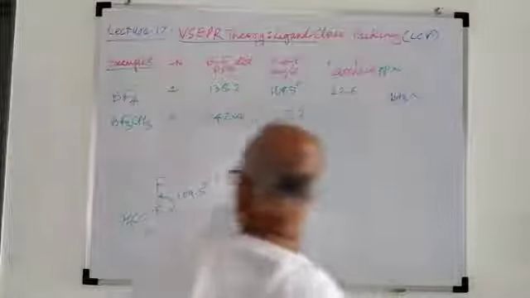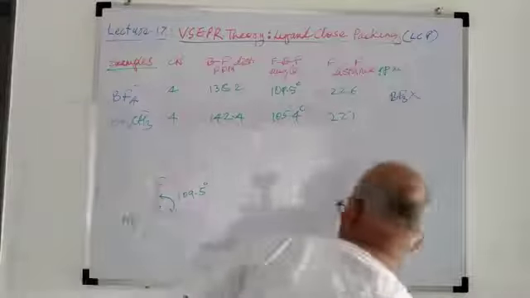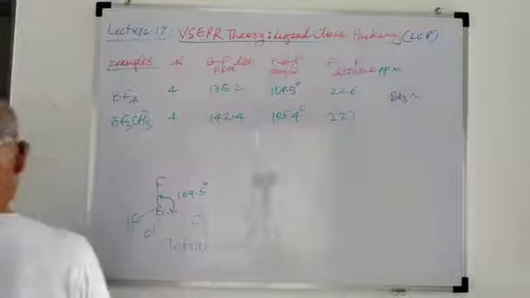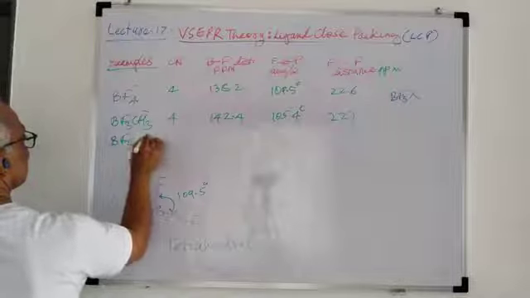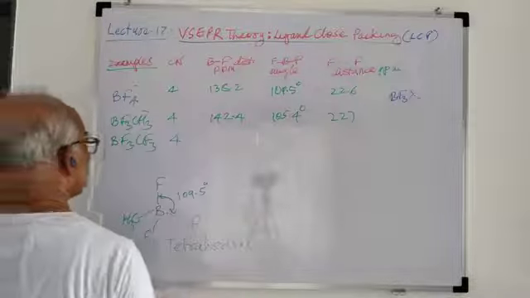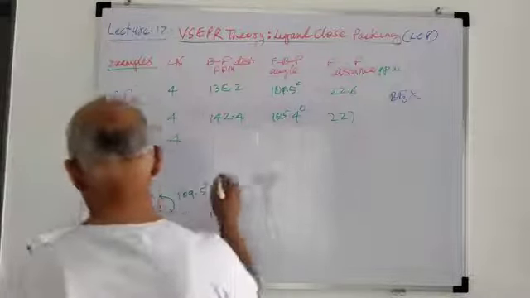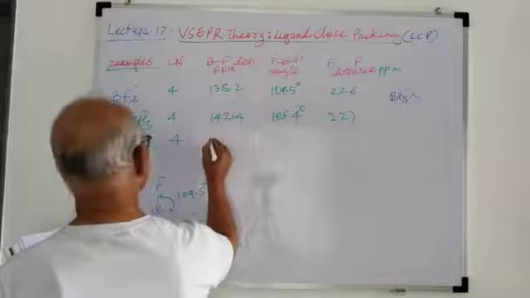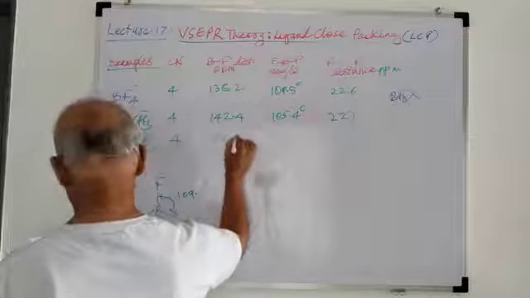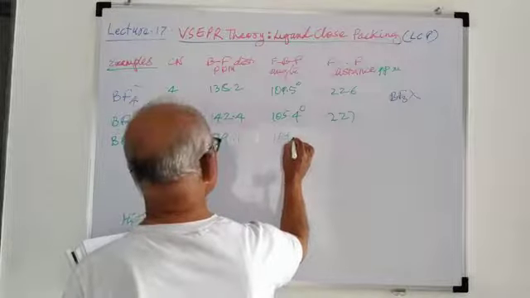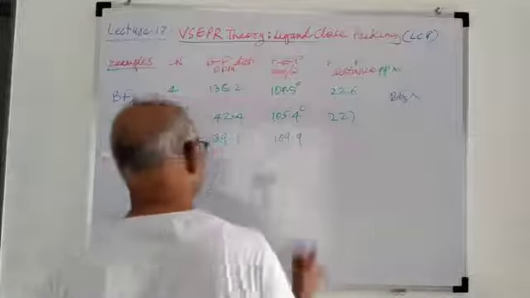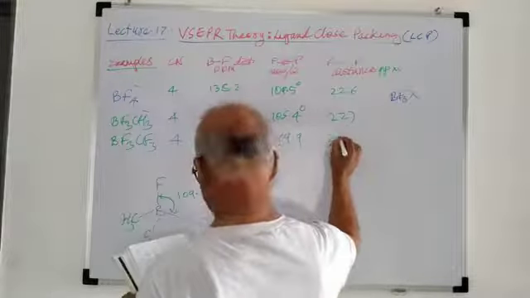Again, if we take another example, BF3CF3, the coordination number is the same. The BF distance is 139.1. The bond angle is 109.9, and the FF distance 228.